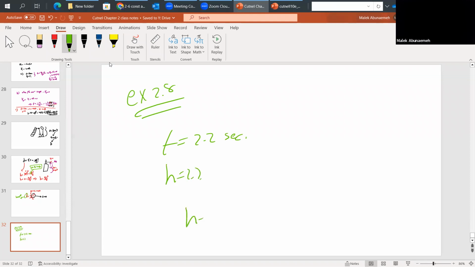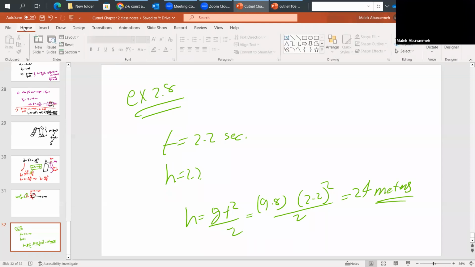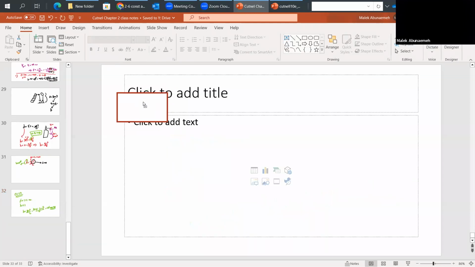And you know your height is going to equal g t squared over 2, which is going to equal 9.8 times 2.2 squared divided by 2. And so for this, you should get close to 24 meters. And again, notice it's meters because it's a unit of distance. And that's what height is. Height is another fancy word for distance.